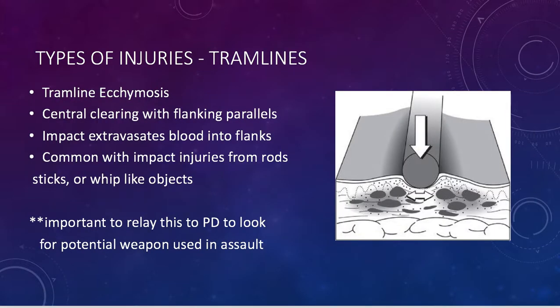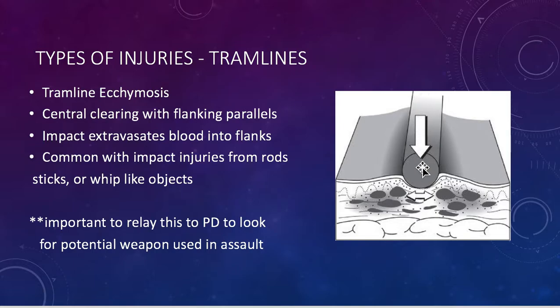The next thing is called tramline ecchymosis, and this is a phenomenal method to really get to know, because you can help law enforcement identify what objects were used during the assault. The big thing with tram lines, if you look at the picture, is a blunt impact injury, usually with a rod or whip-like object.